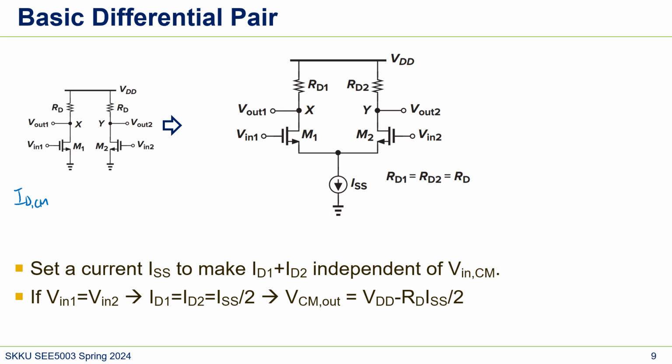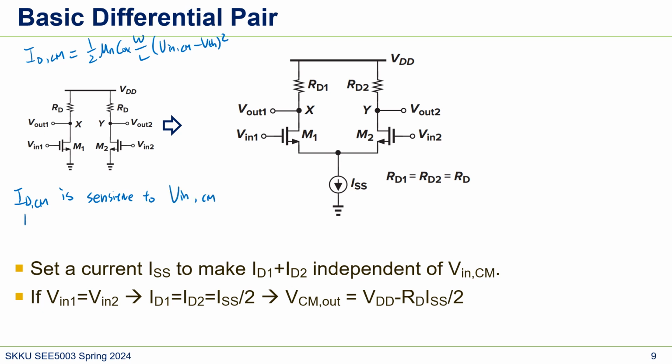when V in 1 and V in 2 are the same, IDCM is 1/2 mu n COX W/L times (V in Cm minus VTH) squared. The problem is that IDCM is sensitive to V in Cm.